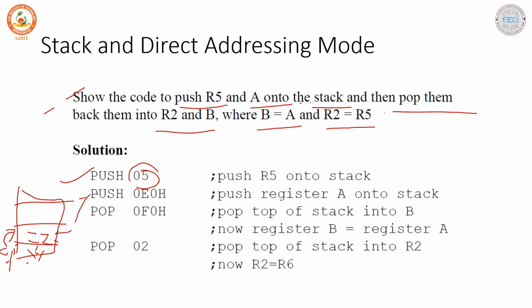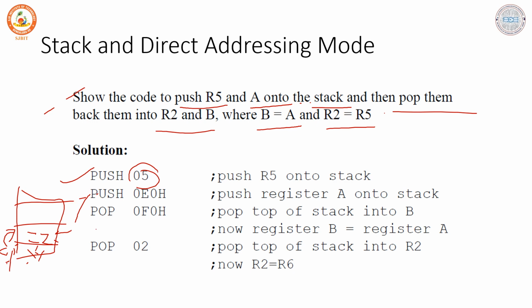Then whenever we are popping, first it will pop the content, then decrement. You need to keep in mind, whenever we use a push instruction, first it will push the content then increment. When popping, it will pop the content then decrement.